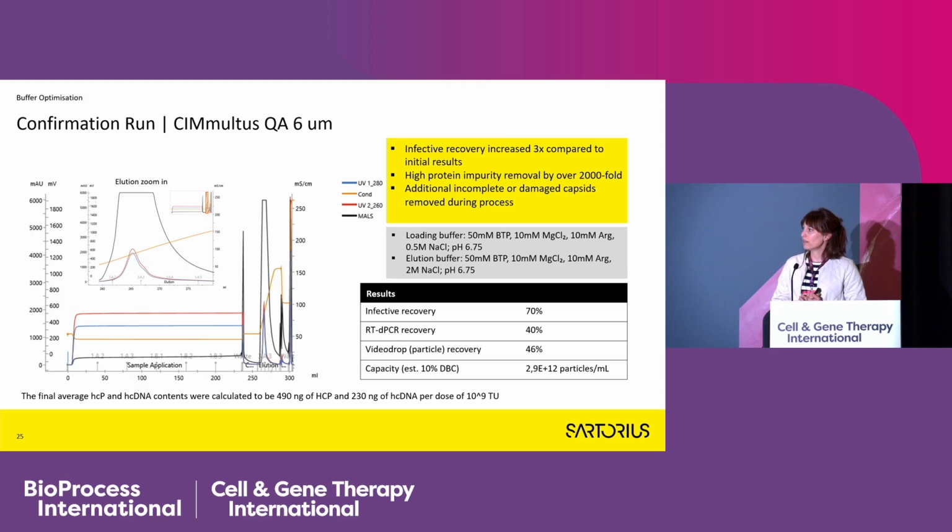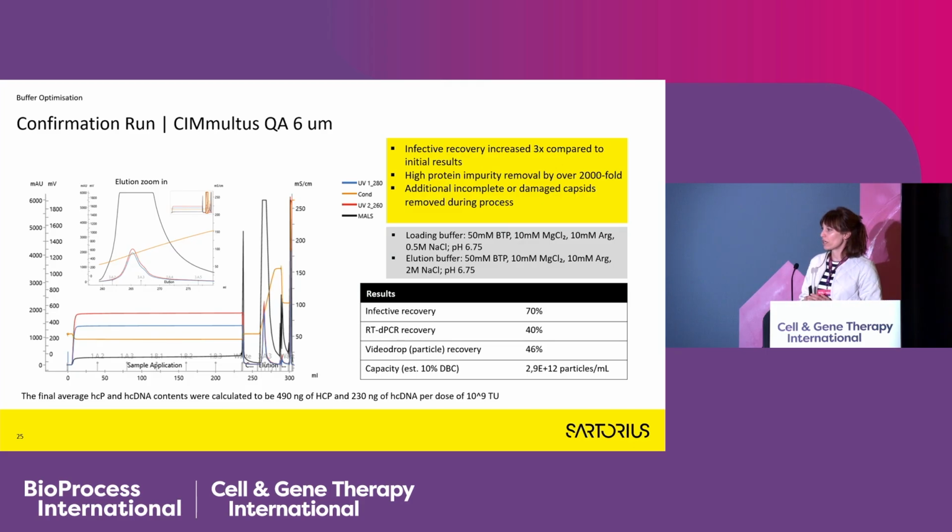And you can see that with improved conditions, basically there is only one peak in elution with really high moles, indicating the presence of particles in this fraction. We also have enough material here to really do some extensive analytics.